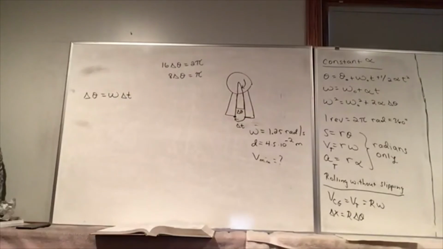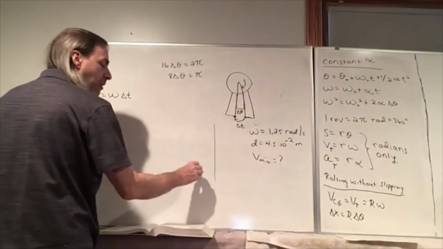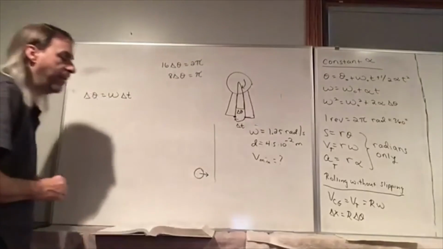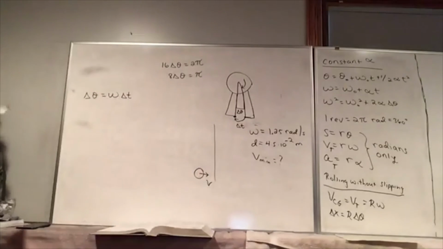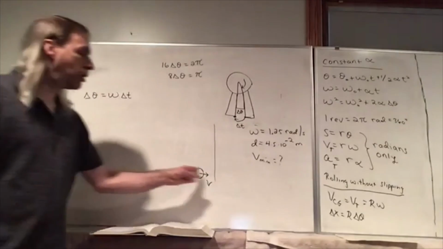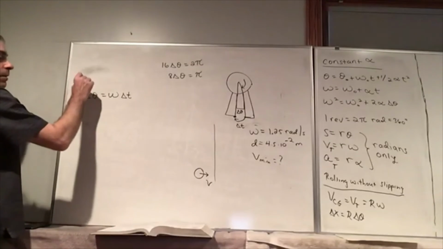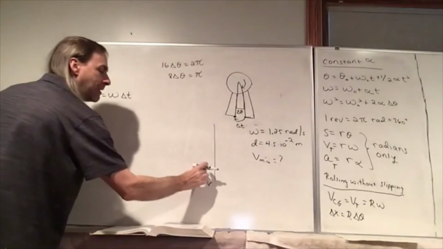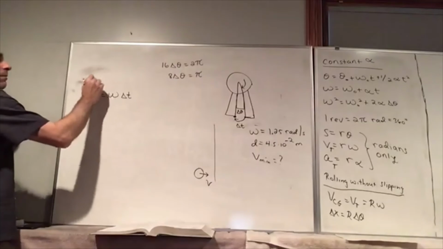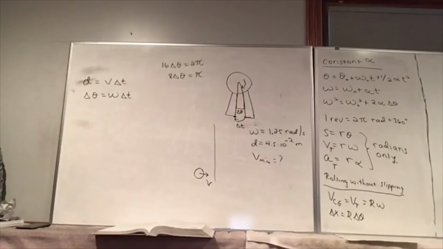And now if we look at, say this is the plane that the blades are rotating in, and here's the ball that's moving with a velocity v, which is unknown, we know it has that time interval, delta t, to cross this plane. And so we can also say that it has to travel a distance equal to its diameter in that time interval, delta t. Let's put all of these things together.